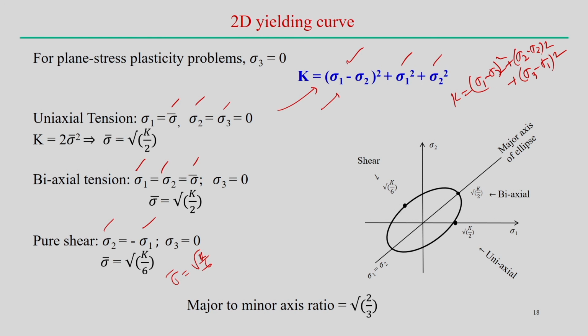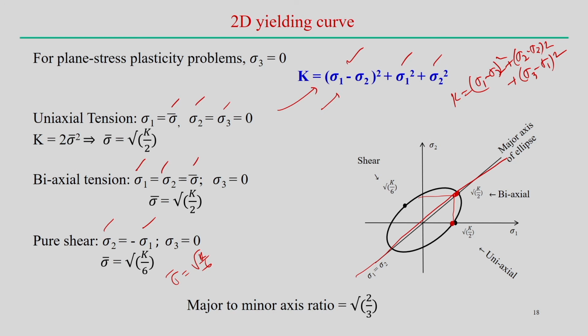So we can see that this functional form k can represent an ellipse, and this line indicates the major axis of the ellipse, along which sigma 1 equals sigma 2. We can reach different points on it. In the biaxial case, sigma 1 equals sigma 2, and this represents root over k by 2. But in the uniaxial case, only sigma 1 equals sigma bar, and we reach root over k by 2, because the stress is along one direction.